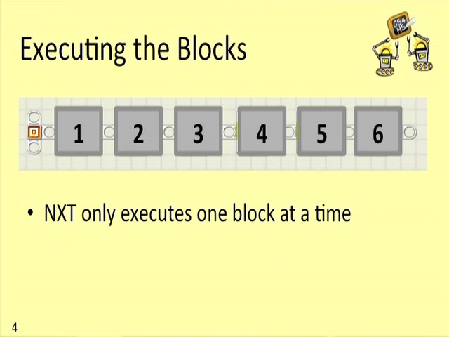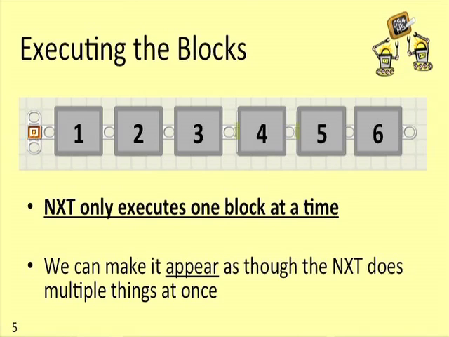The NXT executes a program one block at a time from left to right. At any time, as far as the NXT is concerned, it's only executing a single block. Later, we'll learn about ways to make it appear as though the NXT is doing multiple things at once. But the truth is that the NXT only ever executes one block at a time.